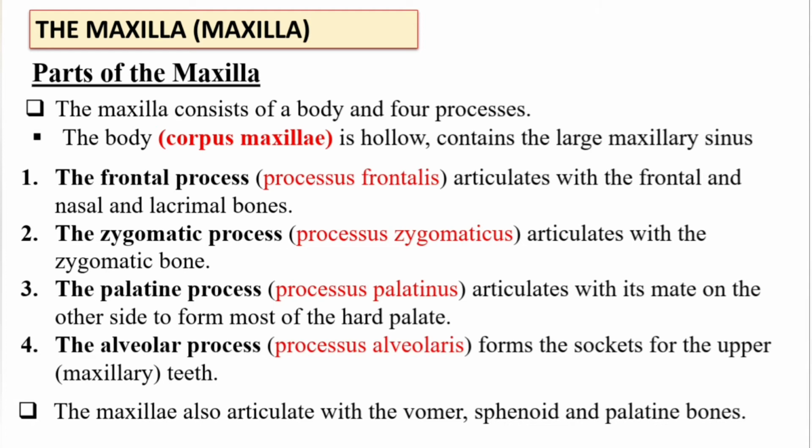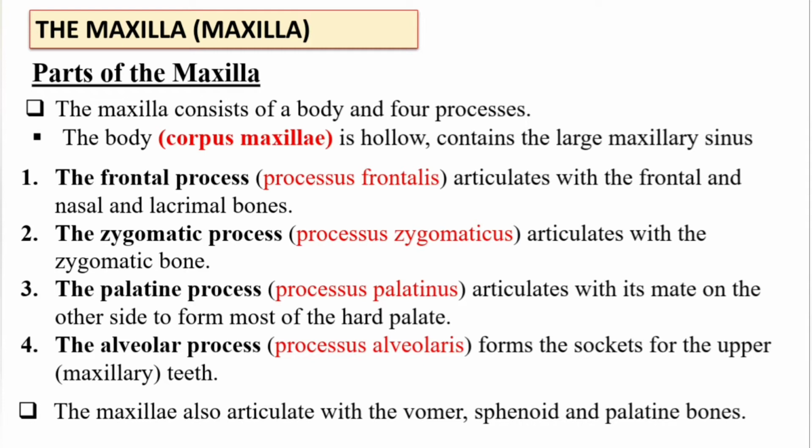So these are the processes. The frontal process, processus frontalis, articulates with the frontal, the nasal and the lacrimal bones. The next is the zygomatic process, processus zygomaticus. This process articulates with the zygomatic bone.